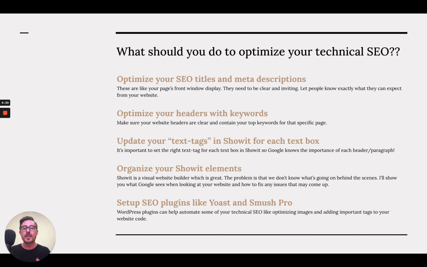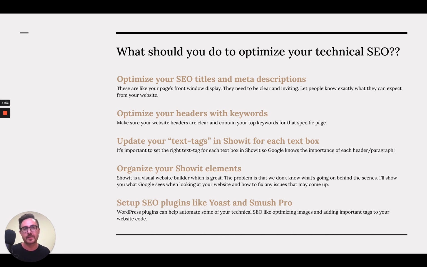The next thing is to set up SEO plugins like Yoast and Smush Pro on your WordPress website. If you are using Showit's Tier 2, which is, I think, the basic blog, they have some pre-selected plugins, and I think they're already set up, but we'll go and look at those.